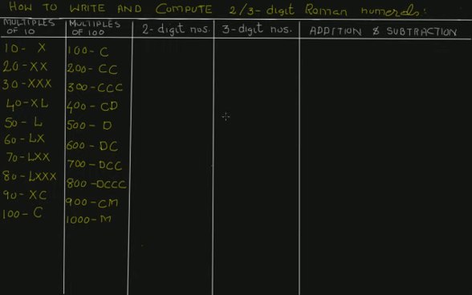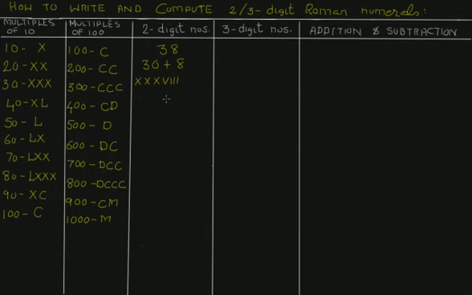Now let's learn the secret about how to write these two-digit numbers. For example, if I have the number 38. Now how do you expand this? You write as 30 plus 8. Am I right? So how do you write 30 in Roman numerals? 10, 20 and 30. 8 is 5, 6, 7, 8.